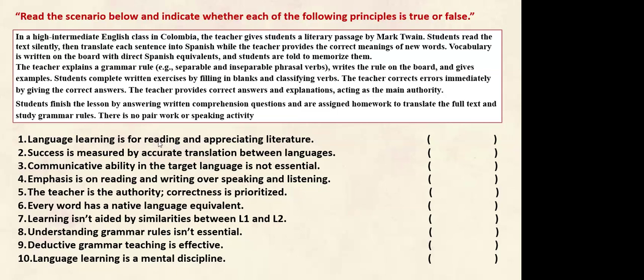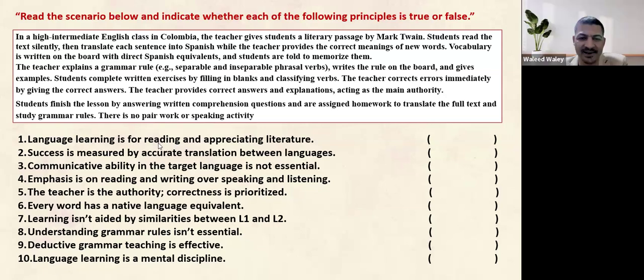Yeah, I don't agree with you. Actually, not me, but Cambridge doesn't agree with you. Language learning here is for reading and appreciating literature because first the students were given a literary passage, and they had to read the passage.